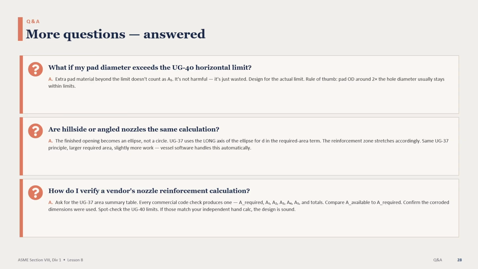Compare available to required. Confirm that the corroded dimensions were used, not the nominal. Spot check the UG-40 limits for reasonableness. If those numbers match your independent hand calculation within a few percent, the design is sound. If not, ask questions.